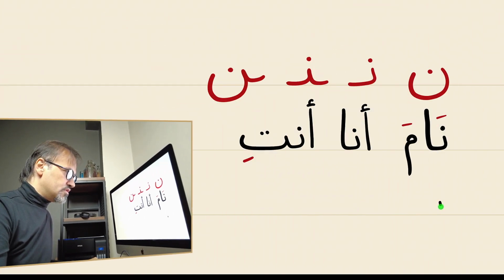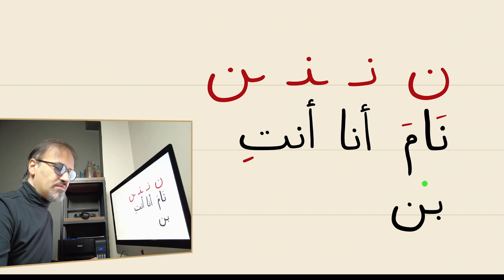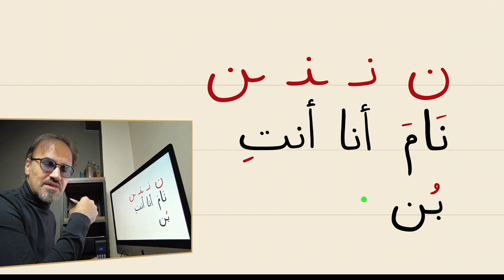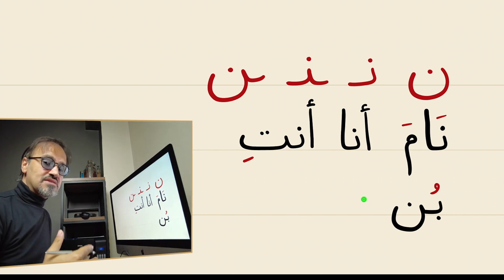And then we have the word for coffee, which is written like this. It's a b at the beginning, and because we said bun, it needs a dhamma over here, so you can say it correctly, bun. But I'm sure you've heard in many Arabic names that there's bin, which means son.